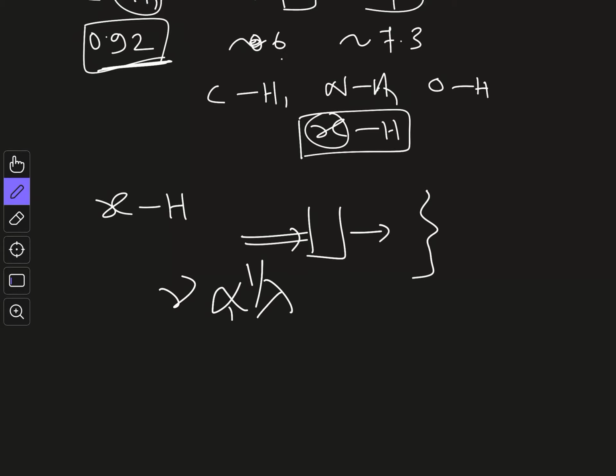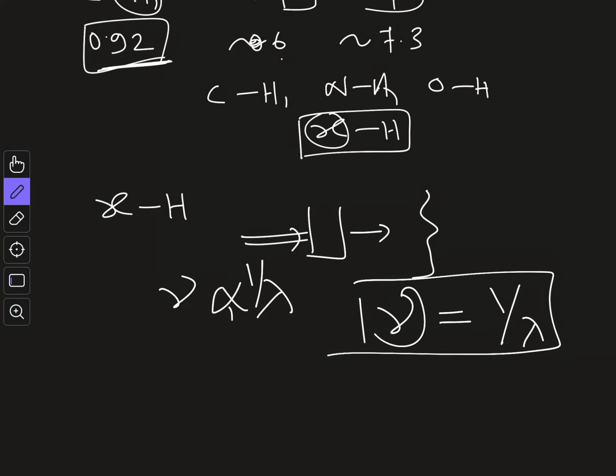So what we generally measure is the wave number, that is nu bar, and nu bar is actually inverse of the wavelength, that is 1 by lambda is equal to nu bar, and in this unit we measure the frequency in IR spectroscopy. So this nu bar is proportional to nu, which is the frequency.